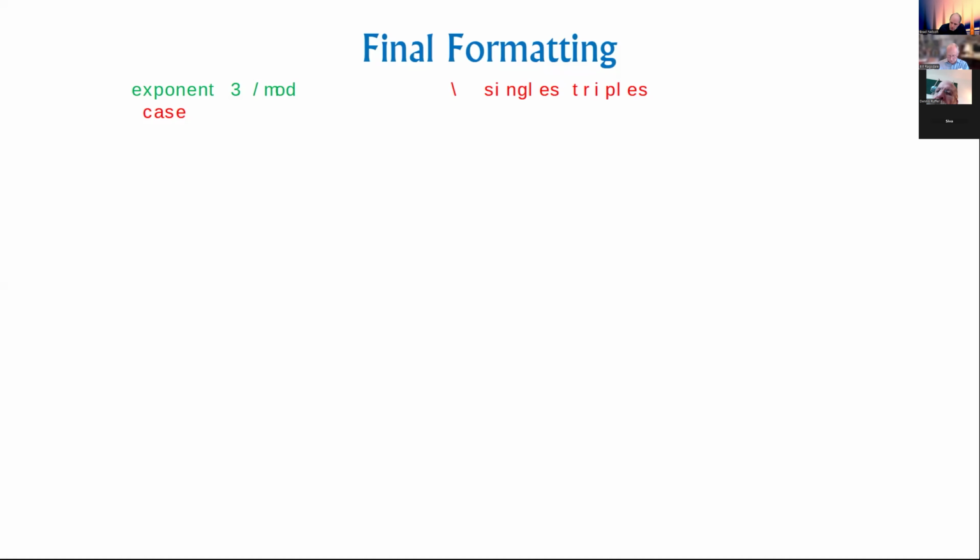Now we go into a case statement. So in the case of 0 triples, then that's very simple. In this case, we just call the word for singles, and that singles then takes the number of leading digits, either 0, 1, or 2, and using that word up above, transfers that many number of singles across.